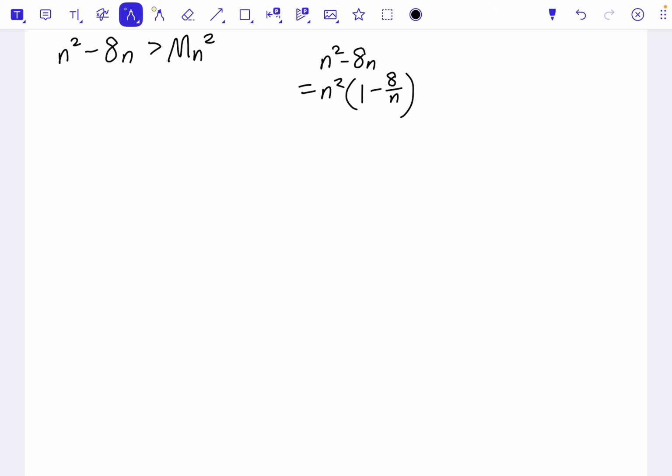We have 1 minus some fraction. We want to make that expression into a convenient single value. And the most convenient thing to subtract from 1 is 1/2. So we want 8 over n to be equivalent to 1 over 2. So we're going to place a constraint on n saying that it should probably be greater than 16.